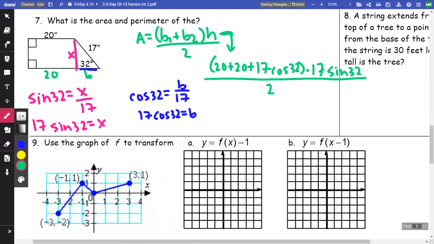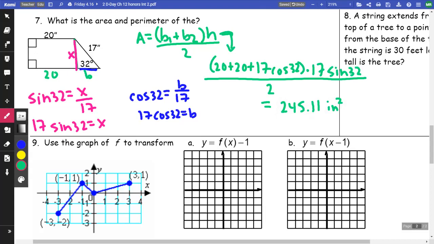And I will put that into my calculator. And I ended up getting for this 245.11, and that's going to be inches squared. That's going to be my area.